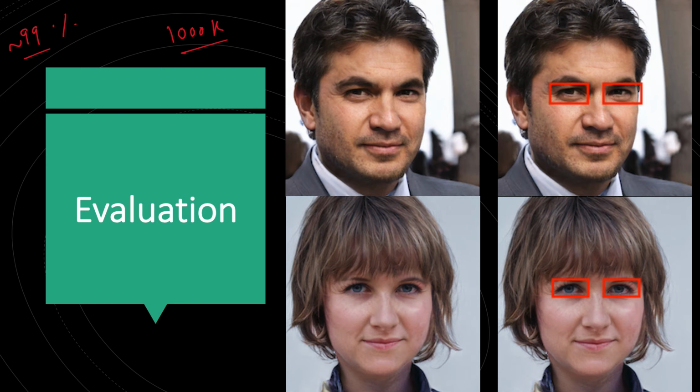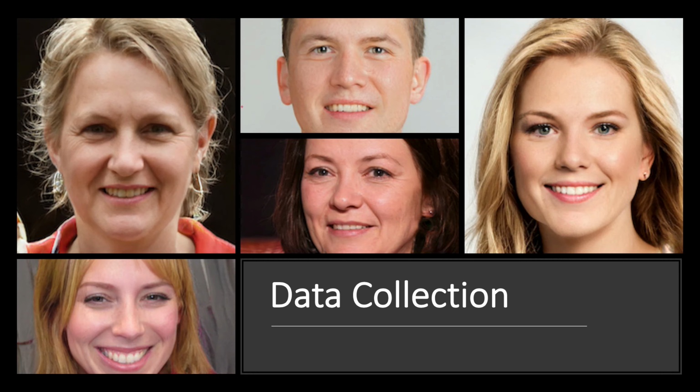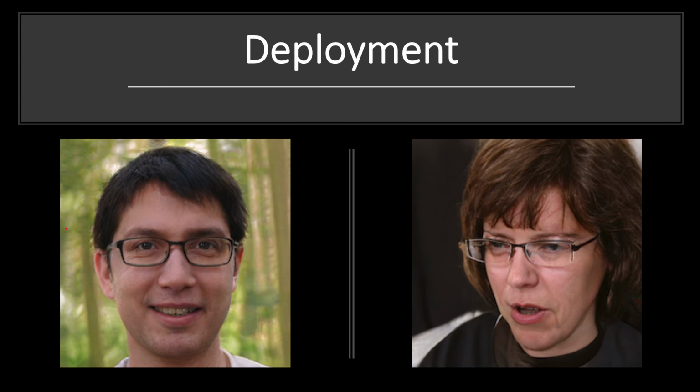So you do the deployment, and then you feel that there are some cases in which the model is not doing so well. Because if you see that your training set has images where none of the people are wearing specs, and mostly the people are looking towards the camera. So you may face some new scenarios when you deploy it and real users are using it.